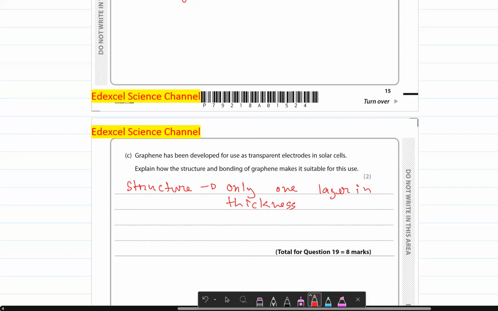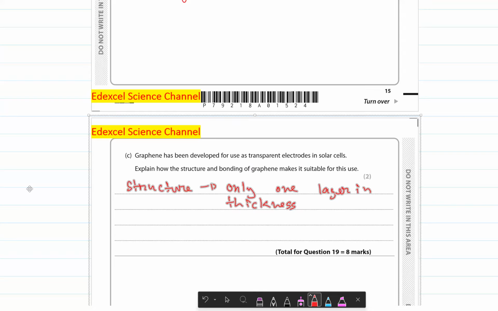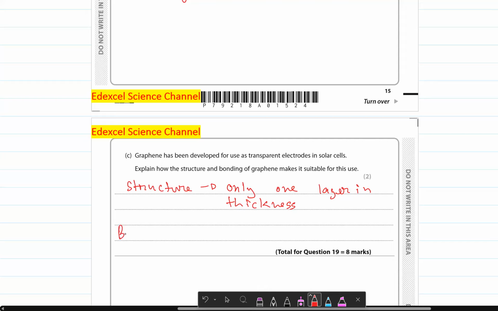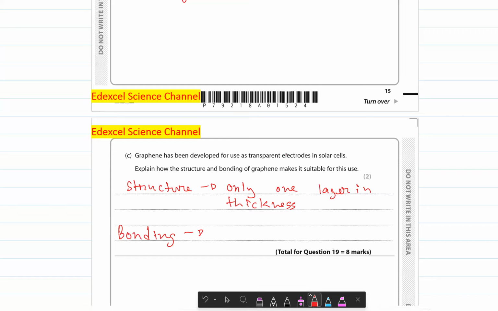I am trying to answer this question according to the criteria of the question, okay? And why is the bonding suitable? The bonding is suitable because you want electrodes to conduct electricity. Otherwise, how are you going to generate electricity in solar cells? So the bonding is suitable because it has delocalized electrons.